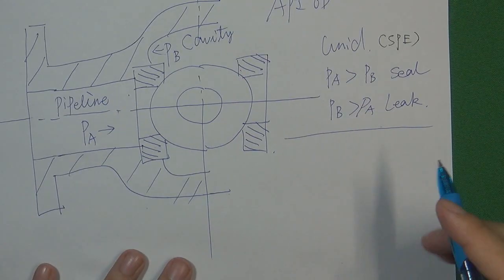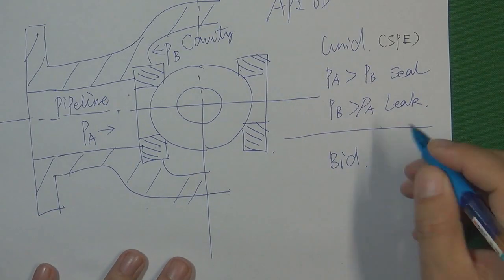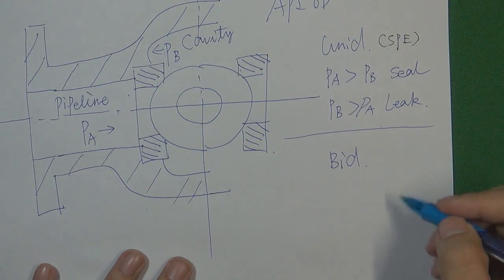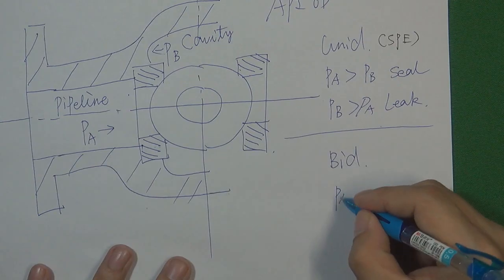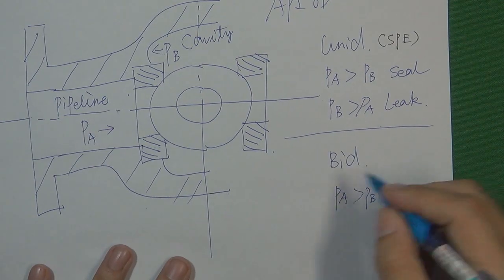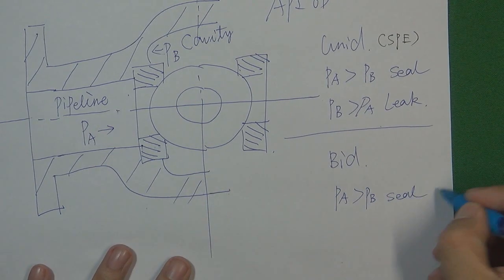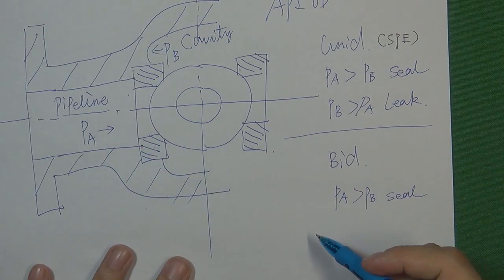And we also have another kind of valve seat, which is called bidirectional. Bidirectional means when pressure A is bigger than pressure B, the seat will seal the pressure outside the cavity.